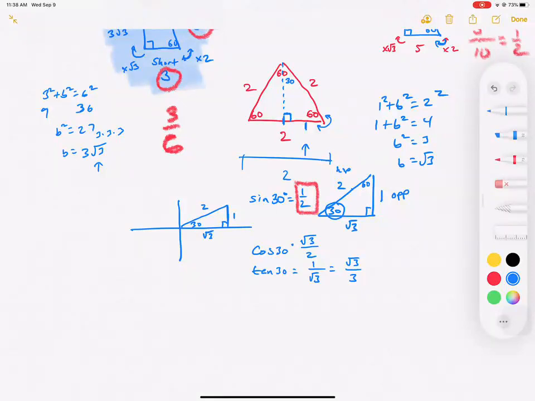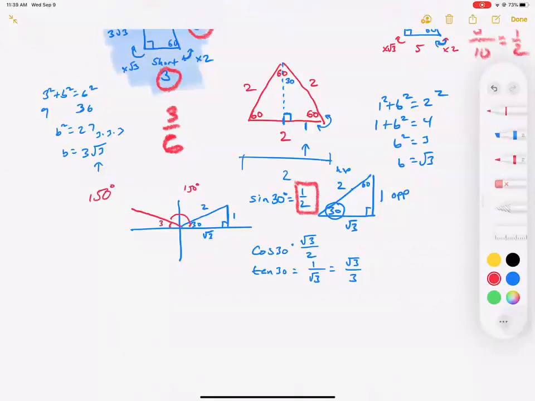So what if the angle isn't a nice 30? Well, here is something kind of cool. If I draw the angle over here at 150 degrees, 150 degrees is an angle coming off to my left, a full 150. But what's the reference angle here? What's the angle that's left over?